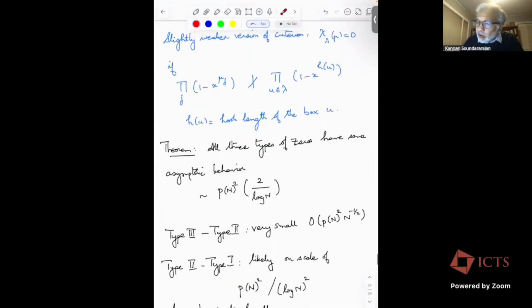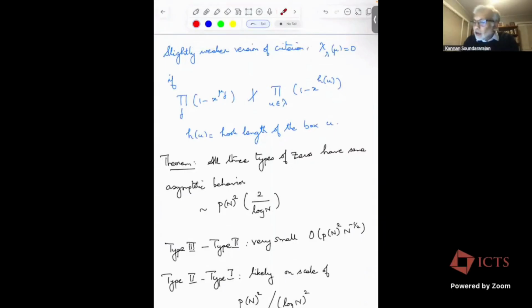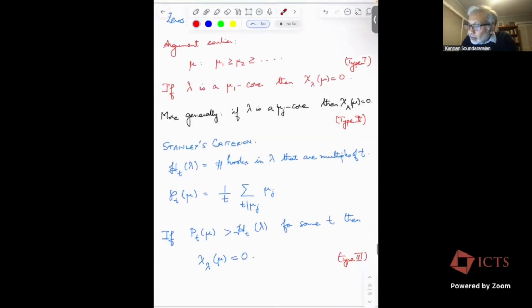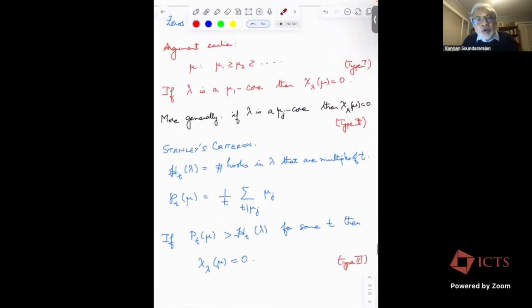No, not that I know of. These are only sufficient conditions that I know for finding zeros, but it could be that there are extraneous zeros as well.